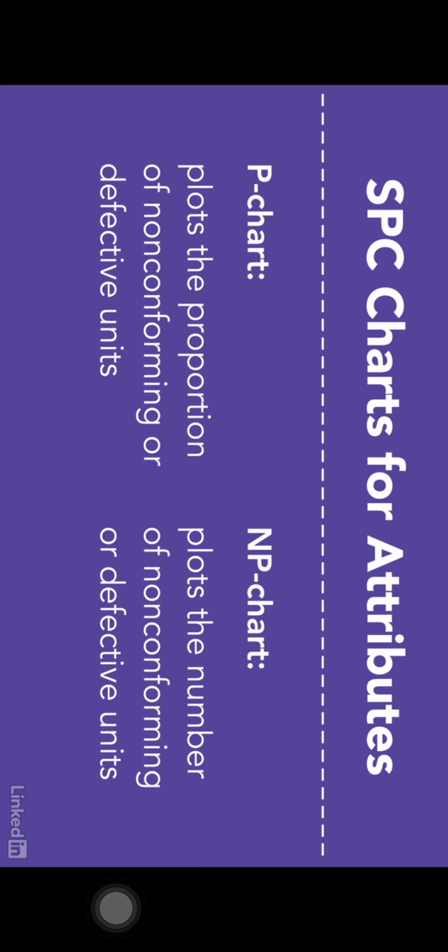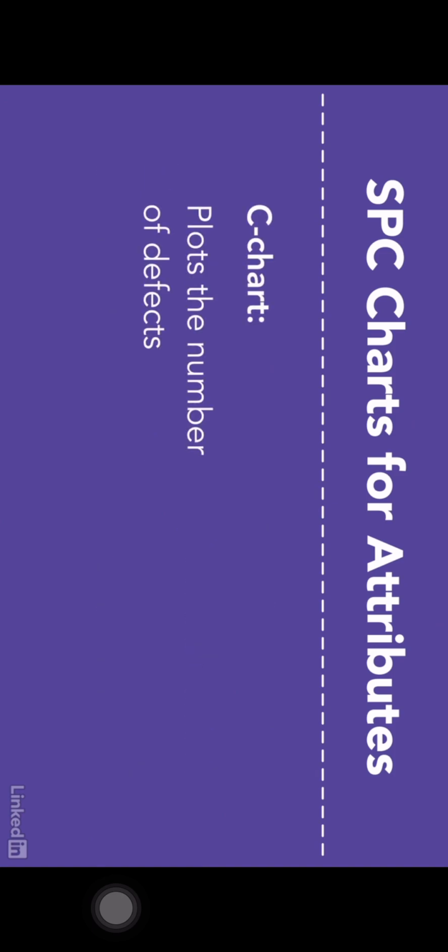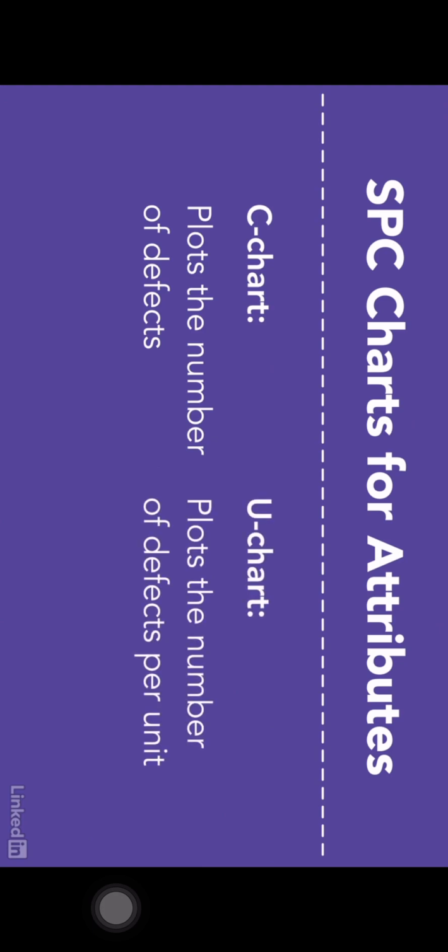For example, the number of invoices processed incorrectly. Another option is a C chart, which plots the number of defects. For example, the number of errors in invoices. And there is a U chart, which plots the number of defects per unit. For example, number of errors per invoice.